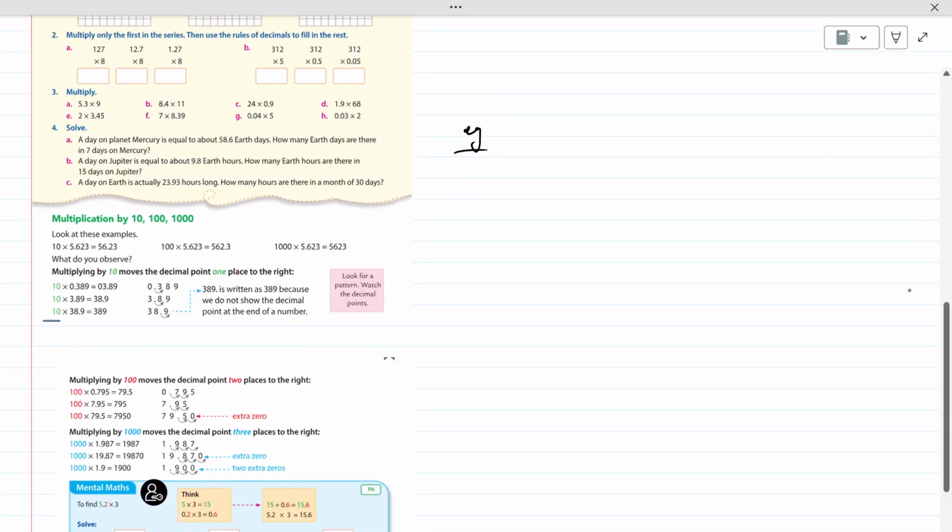Now, similarly, we have another question here: 312 into 5. Same thing we have to do here, but in this question, we have the decimal in the other number. So we have 312 multiplied with 5 first. So let us find out the product. 5 into 2 is 10, 5 into 1 is 5 plus 1 is 6, 5 into 3 is 15.